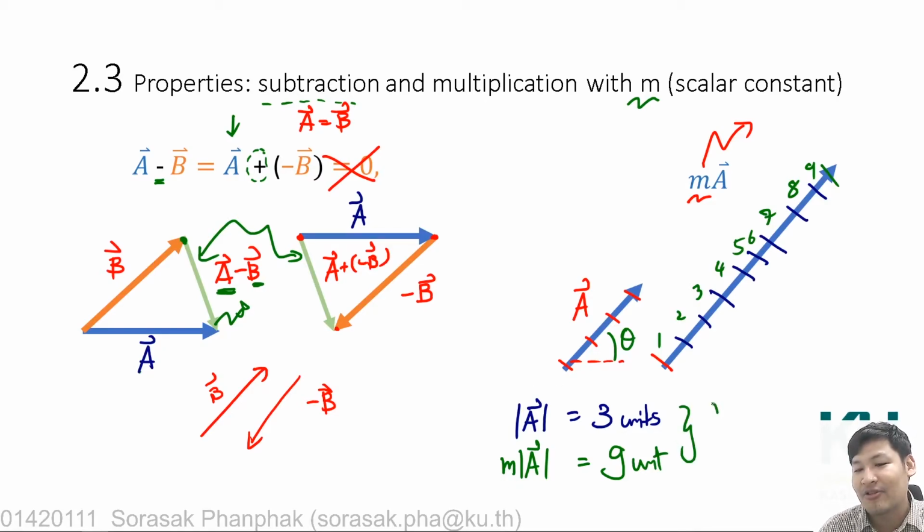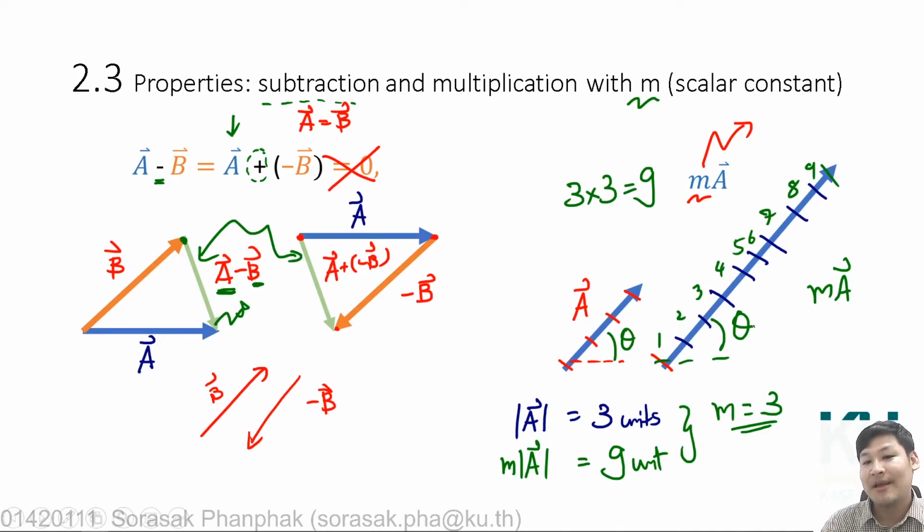M is the factor, so it's supposed to be 3, right? 3 multiplied by 3 is 9. So M changes the magnitude of the initial vector, but the direction of vector MA is still pointing in the same direction as A. So M is changing the magnitude of that vector, but the direction is still the same.